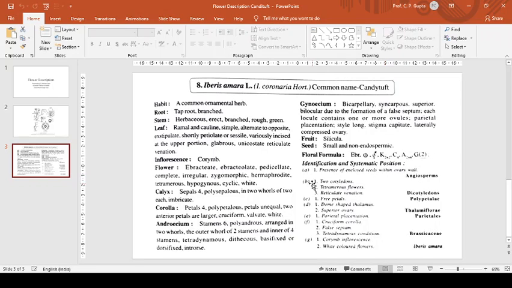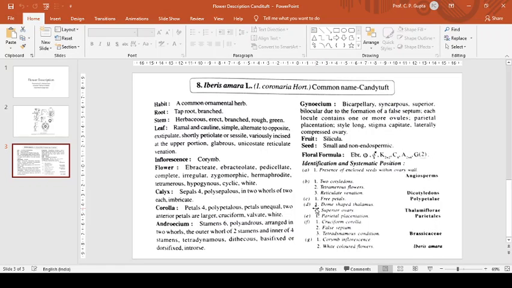Identification and systematic position. Presence of enclosed seeds within ovary wall is angiosperms. Then two cotyledons, tetramerous flowers, reticulate venation, dicotyledon as we studied earlier. Free petals, that is polypetaly.